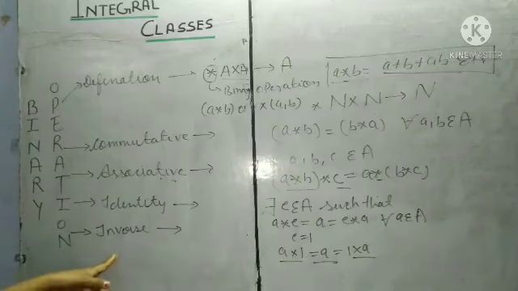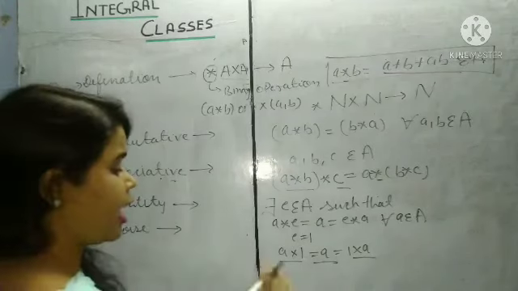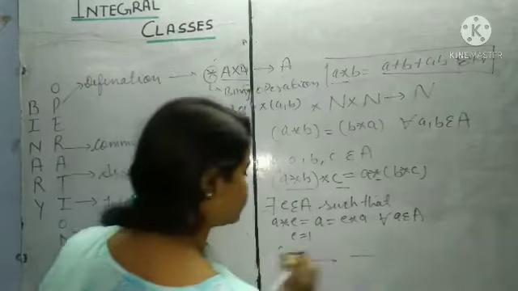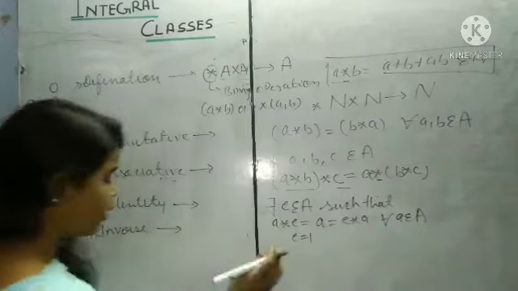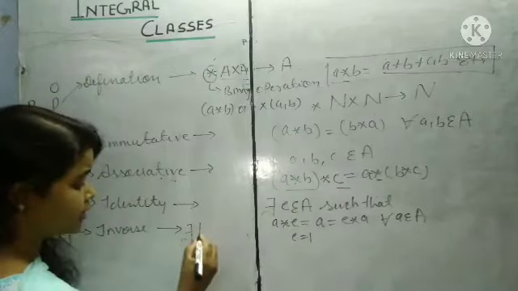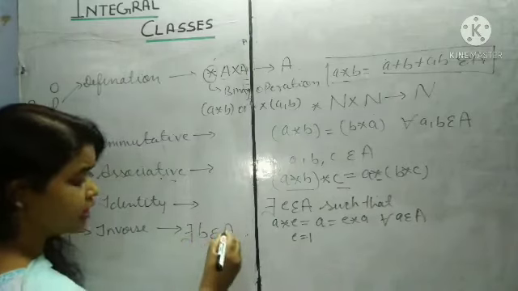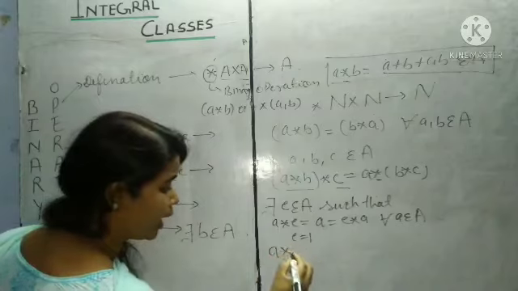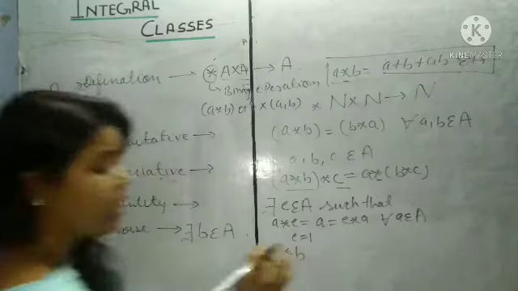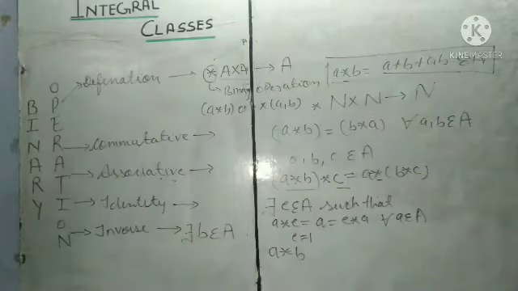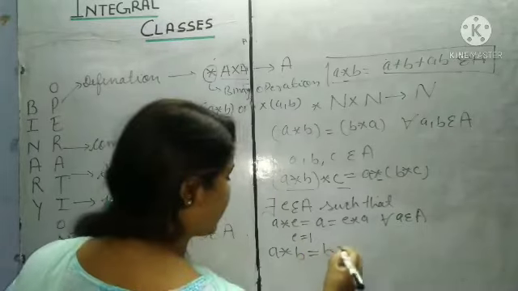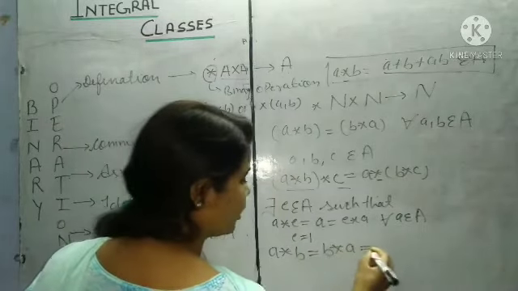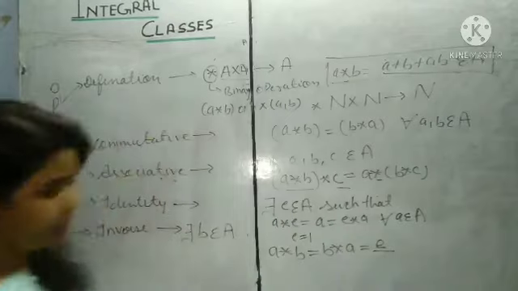Now next is inverse. For inverse, there exists an element B which belongs to A. If we apply the binary operation A star B or B star A, then we get the identity.